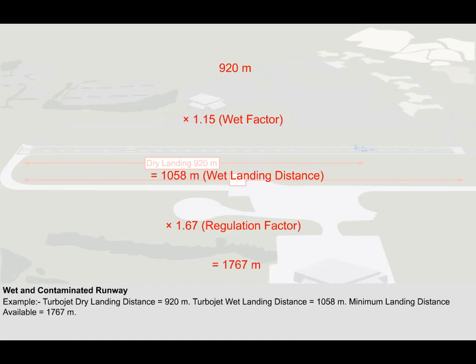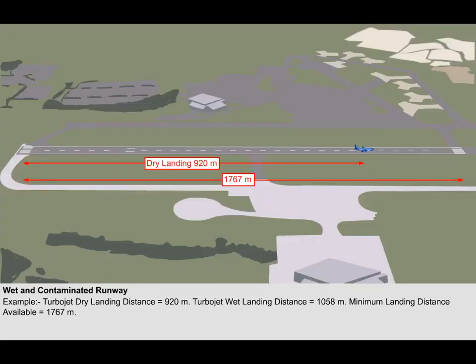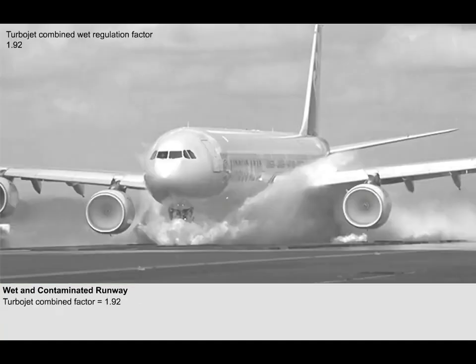This gives an answer of 1,767 meters. Therefore, if the runway is wet and the dry landing distance is 920 meters, then the minimum length of landing distance available at the airfield must be 1,767 meters. In fact, we can simply summarize to say that for jet aeroplanes, the combined wet factor and regulation factor is 1.92, and for the turboprop, this factor is 1.64.